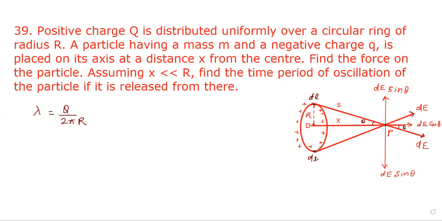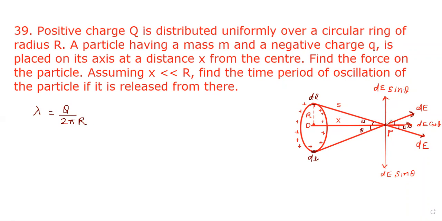Similarly, if we consider the diametrically opposite element dl, electric field will be like this, and this angle is again theta. So here dE cos theta will contribute further, and dE sin theta will be in this direction.